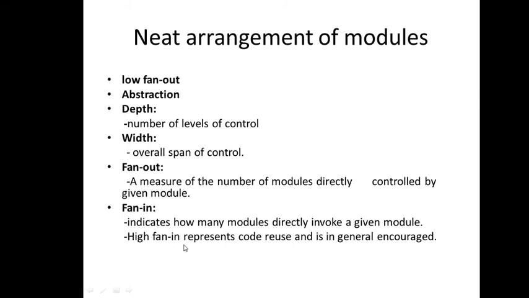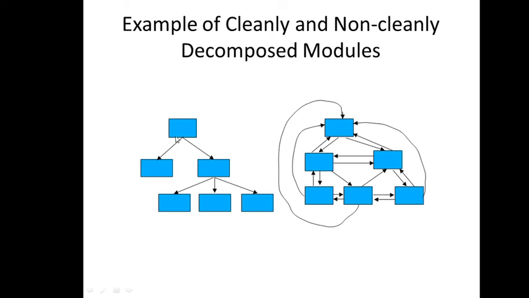Let's talk about it from the previous slide. Fan out is how many modules are being called by a given module. At this layer fan out is 2. If we talk about these two layers, fan out is 3. Three modules are being invoked by this module. So what do you think? Fan out should be less or more?